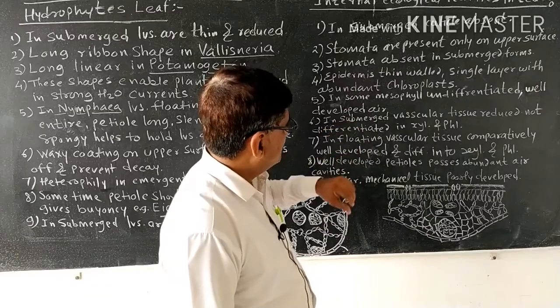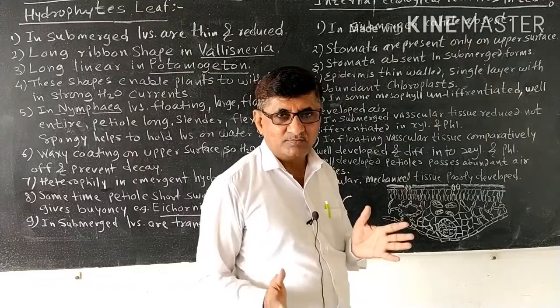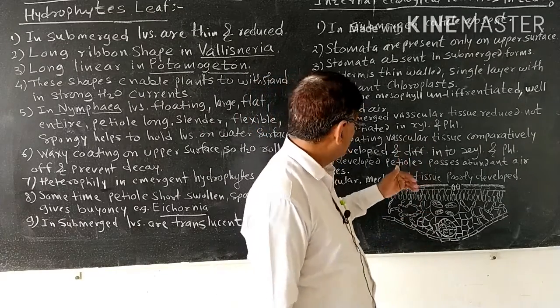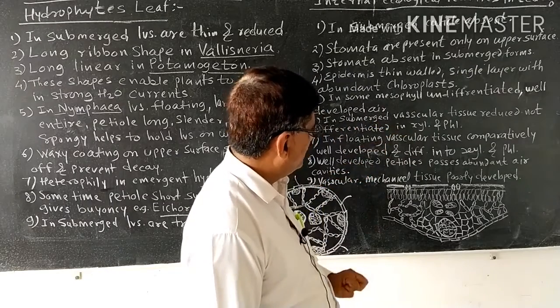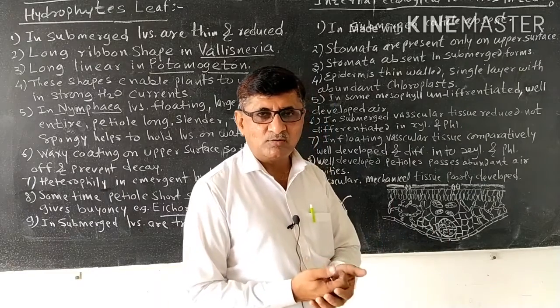In submerged hydrophytes, the vascular tissue is not well developed. The vascular tissue is reduced, and it is not even differentiated into xylem and phloem, because there is no need for conduction of water.